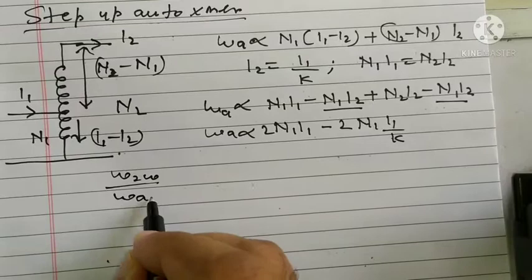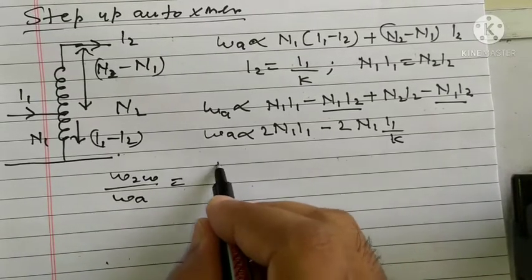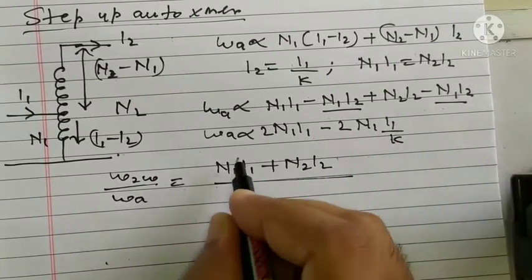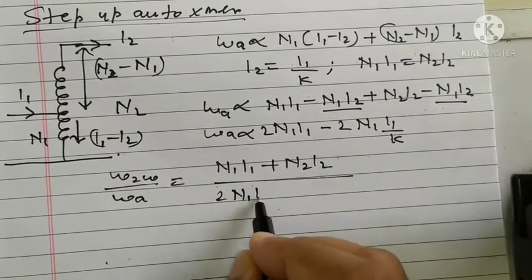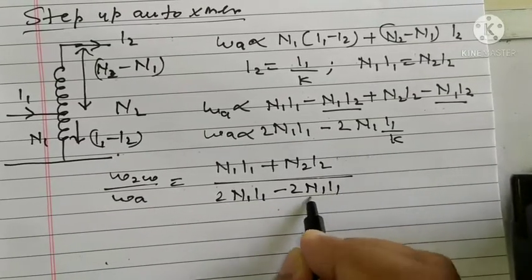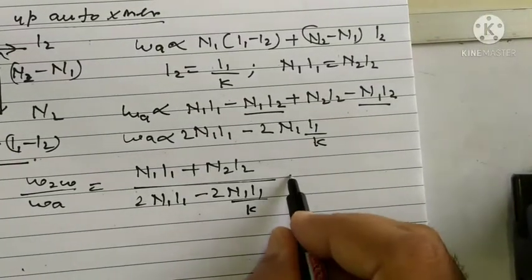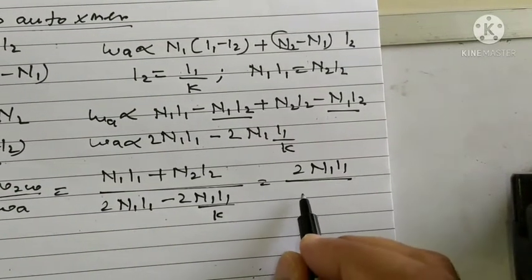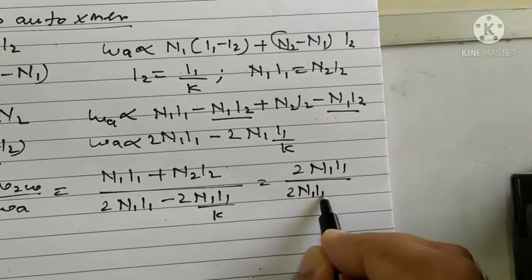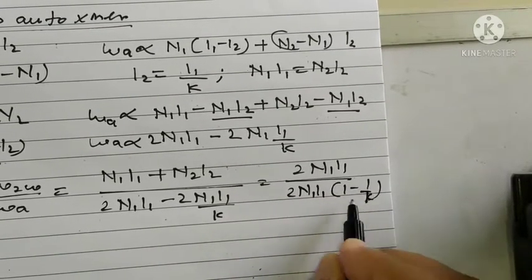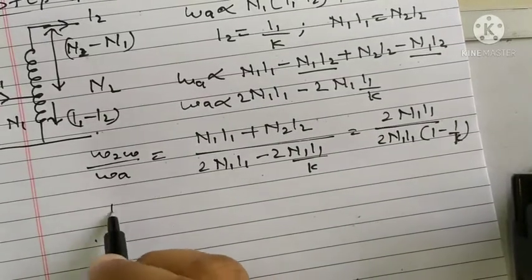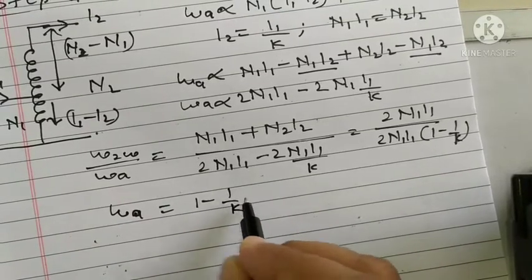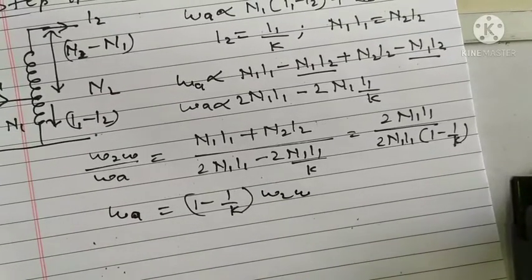We know W2 winding is N1 I1 plus N2 I2 divided by twice N1 I1 minus twice N1 I1 by K. N2 I2 is replaced by N1 I1, so it will be twice N1 I1 divided by twice N1 I1 times 1 minus 1 by K. Therefore, W auto will be written as 1 minus 1 by K times W2 winding.